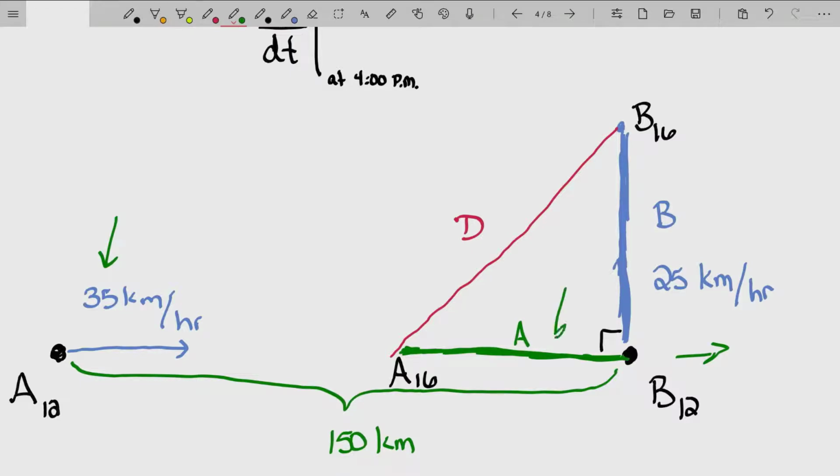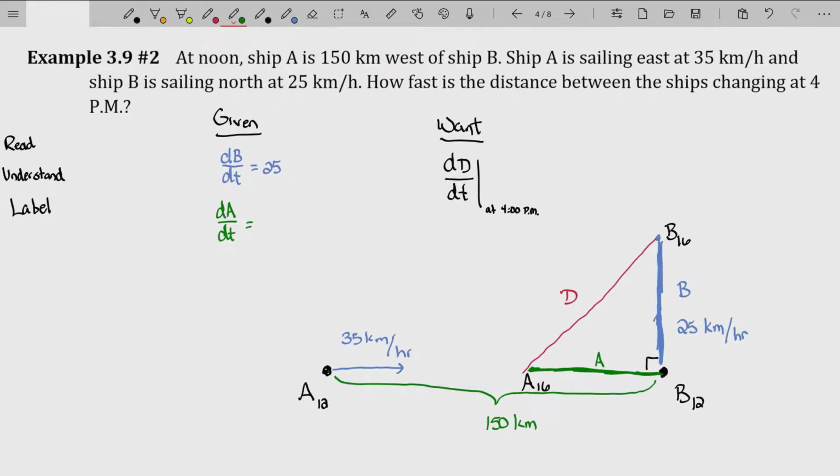That's not 150, so it's still somewhere over here. So the distance is still shrinking. So I happen to know the rate of change of side A with respect to time is negative, because it's shrinking, 35. It's shrinking at a rate of 35 kilometers every hour.